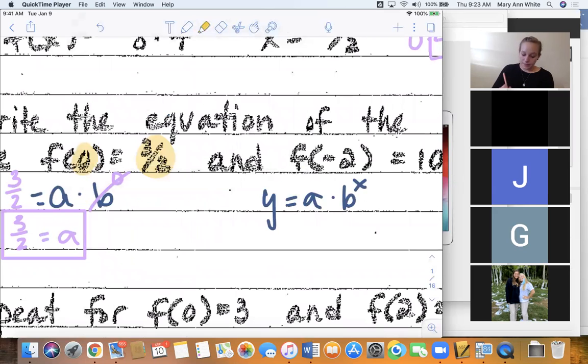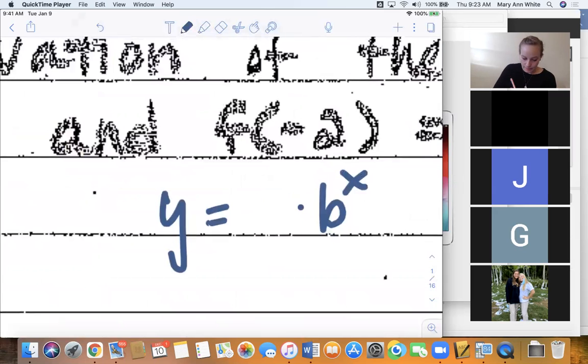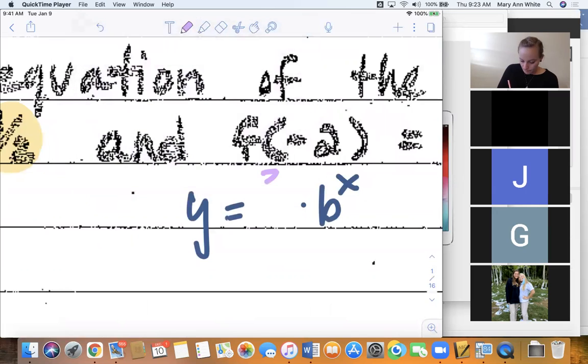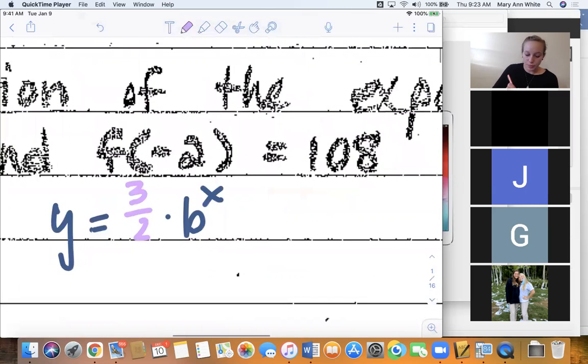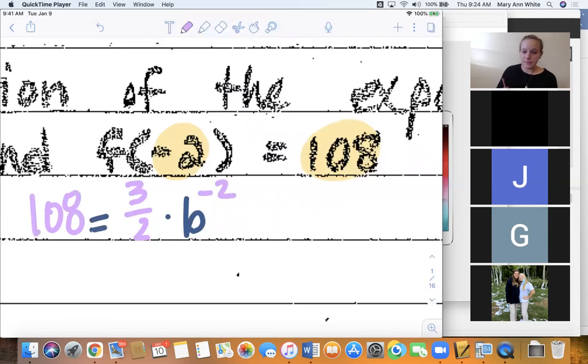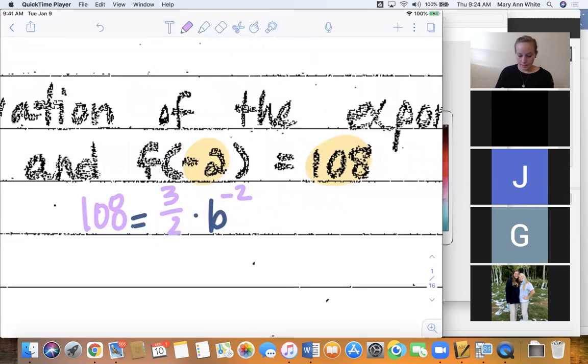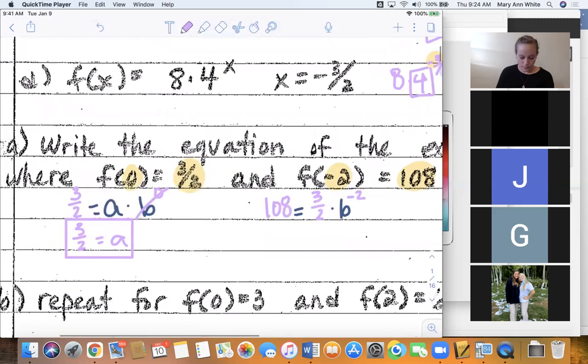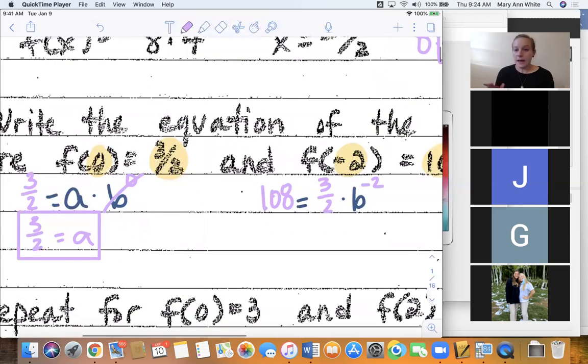I'm going to put 3/2 in for my a. And now I'm using this new point of (-2, 108) for my x and y. So x is -2, y is 108. That's really the new step. Everything else now is algebra stuff.